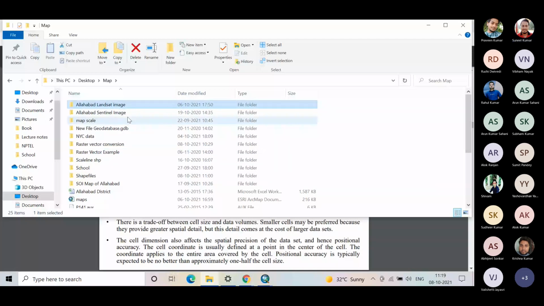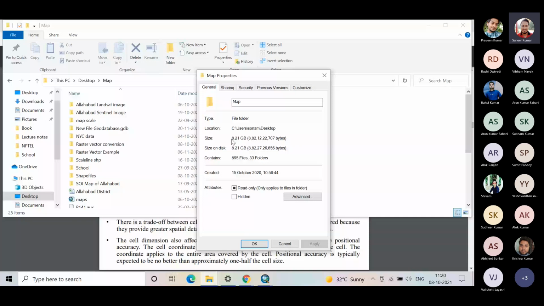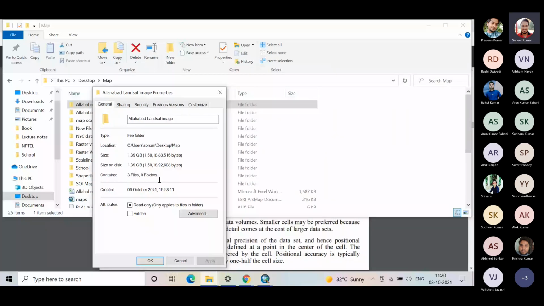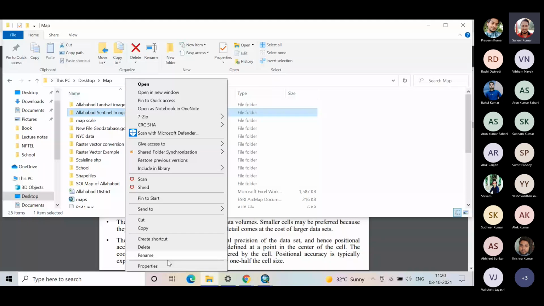When I click on the properties, the Allahabad Landsat image size is coming as 1.39 GB, and the Sentinel image size is coming as 3.18 GB.